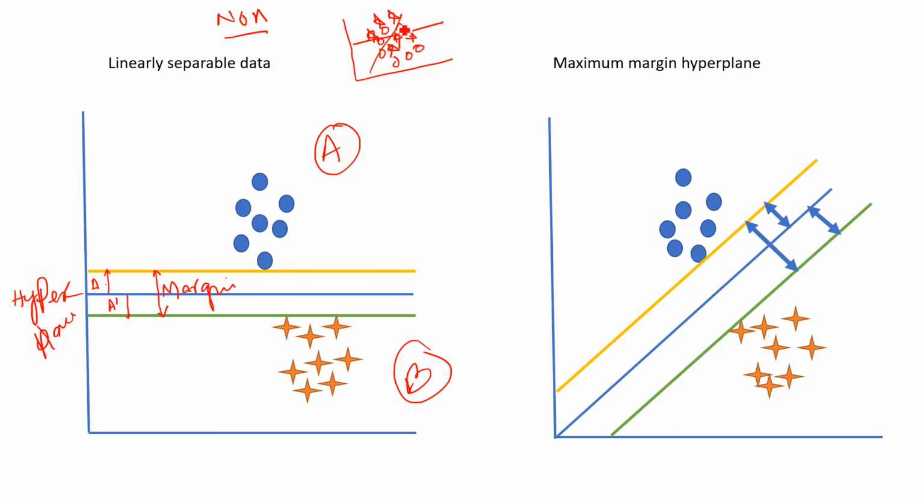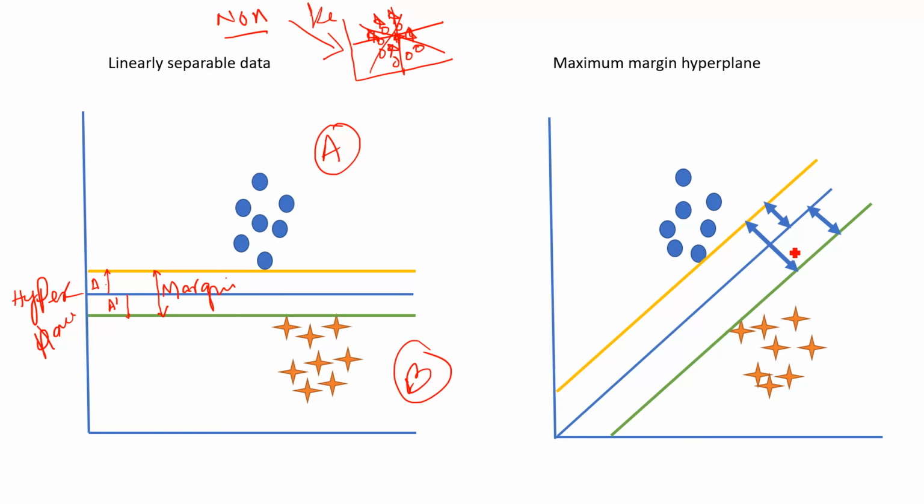Whatever direction or angle you use, you cannot separate these points. So this is called non-linearly separable data. It means with the help of one line we cannot separate this data. How we can separate this data, we will learn in our next lesson by using kernel, but this is just an example.